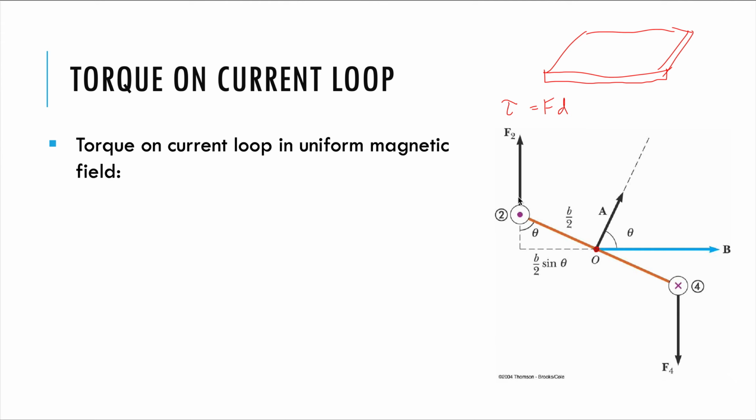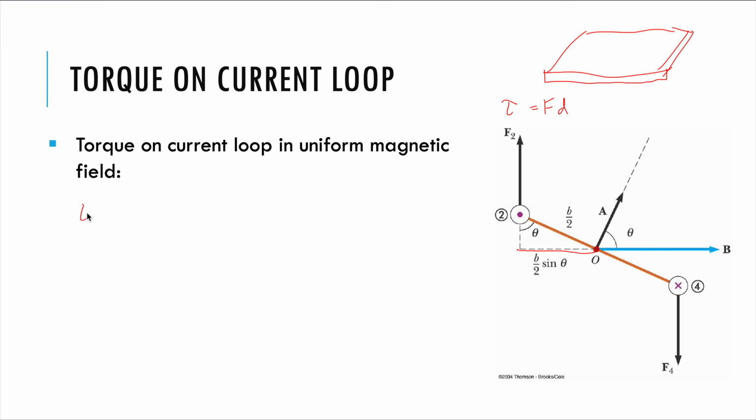So what you do is you extend that force line straight, and then you find the shortest distance from the pivot to that force. That's called the moment arm. So that's labeled here with this horizontal dashed line, and the length of this moment arm is b over 2 sine theta, since the hypotenuse is b over 2, and this side is opposite of the angle theta.